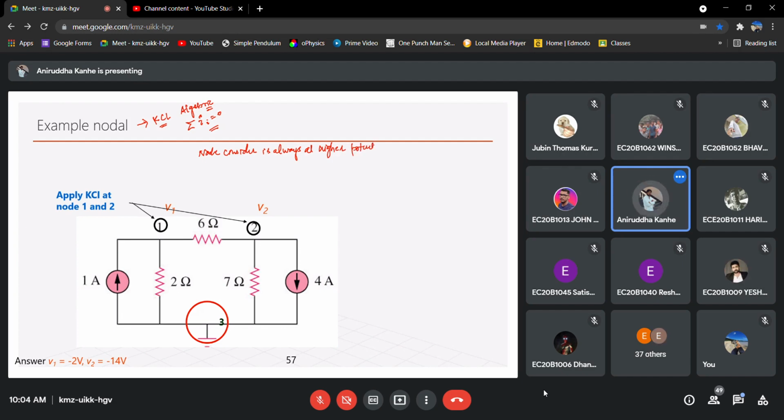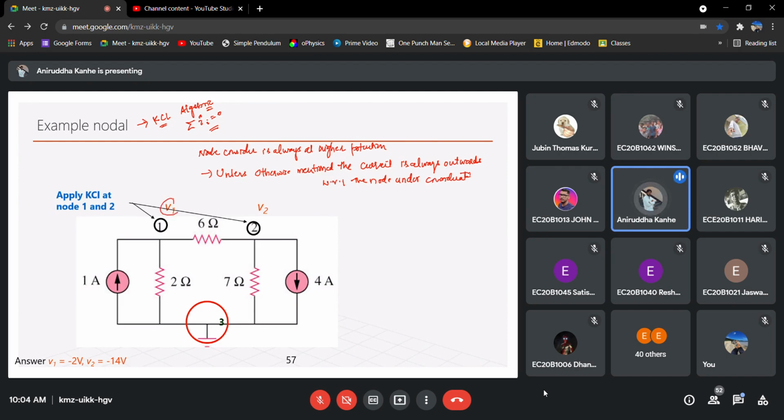That means, unless otherwise mentioned, the current direction is always outwards with respect to the node under consideration. So this is what we have discussed in the previous lecture. I hope everyone remembers that.